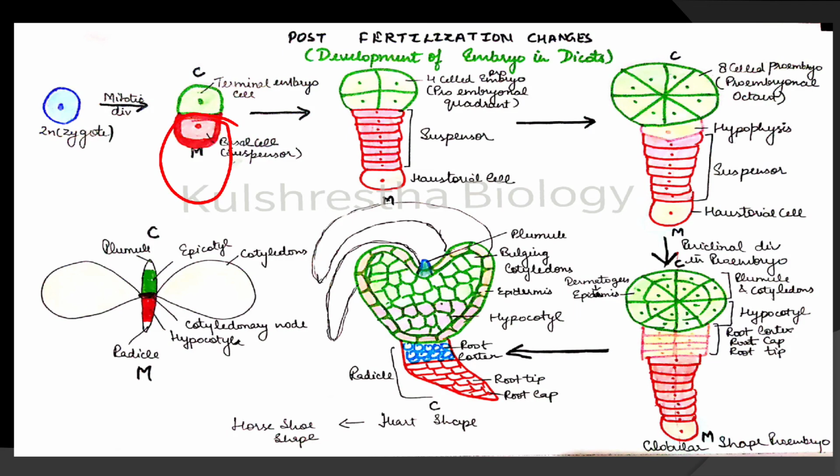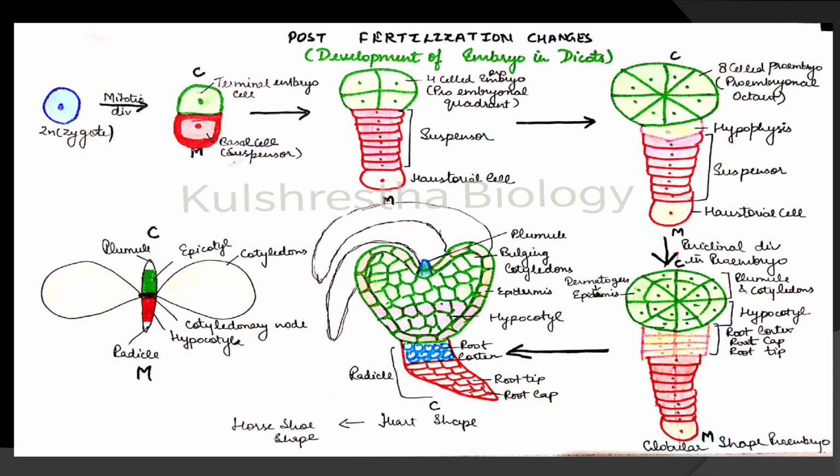The cell which is larger in size is the basal cell, and this one is the terminal cell. Basal cell forms the suspensor, that's why it is also known as suspensor cell. Terminal cell gives rise to the embryo, that's why it is also considered as the embryonal cell.